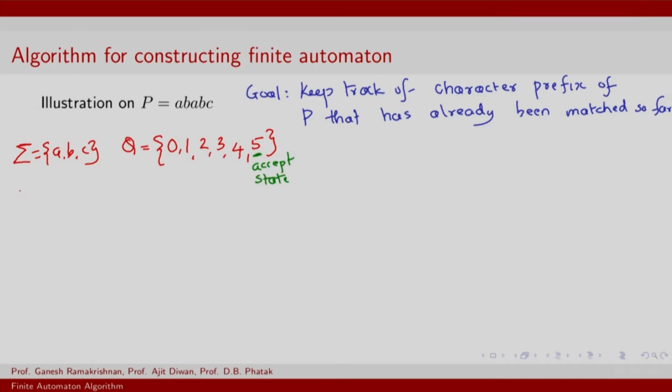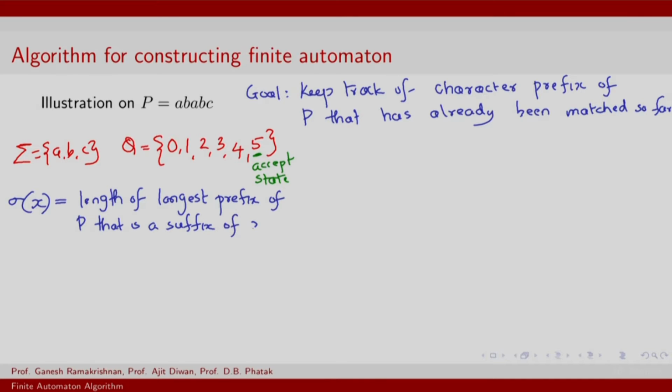So, given any input sequence X, I am going to define a function sigma that takes as input X and outputs the length of the longest prefix of P that is a suffix of X. Now, what is this X?